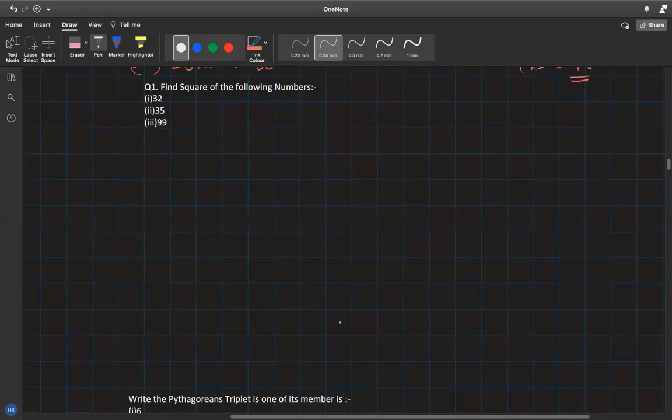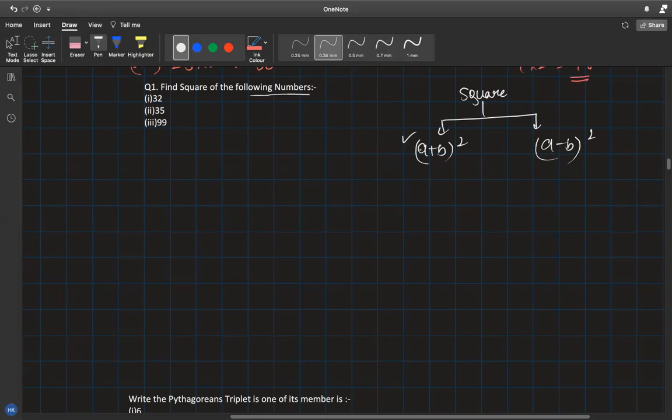Moving on with this question, which says find the square of the following numbers. If you remember, there are two methods to find the square. What are those two methods? There are two formulas which you can apply. The first formula says (a plus b) square. The second formula says (a minus b) square.